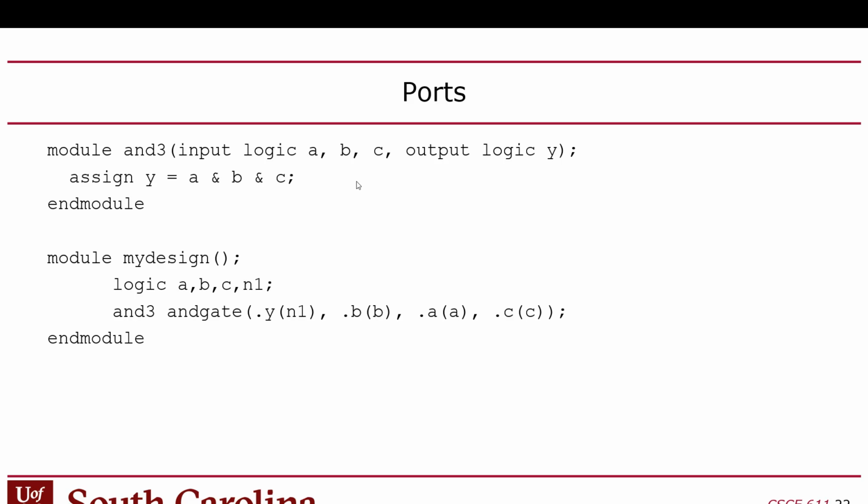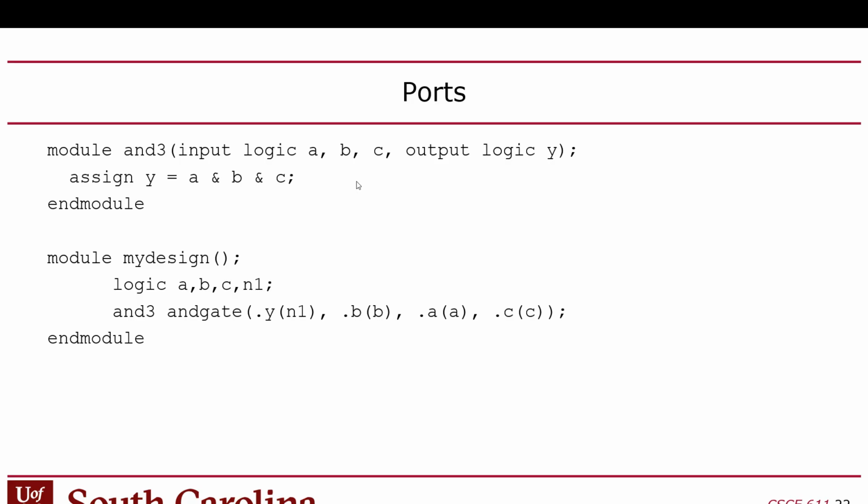The .y refers to the Y port on the AND gate. In a programming language that would normally be called the formal parameter, the formal argument Y, and N1 is the actual argument. But in the case of a port map, Y is the port on the AND3 module, and N1 is the name of the signal I'm connecting to it within the context of My Design.